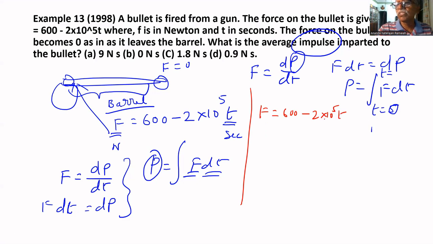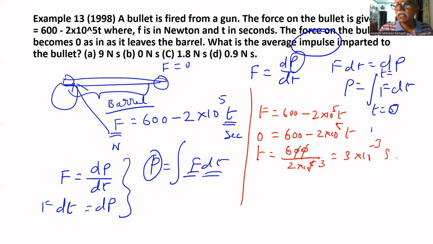This becomes 0 when it leaves the barrel. So if F equal to 0, t equal to 600 divided by 2 into 10 power 5. Two zeros get cancelled. That is equal to 3 into 10 power minus 3 seconds, 3 milliseconds. So we have to integrate up to 3 into 10 power minus 3.